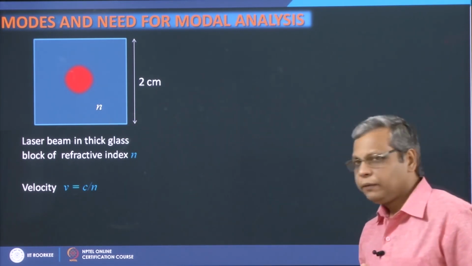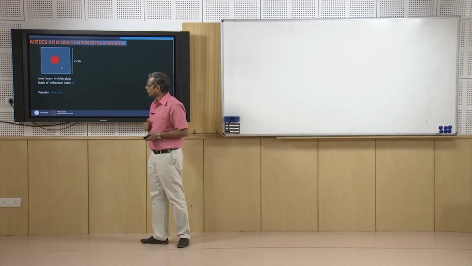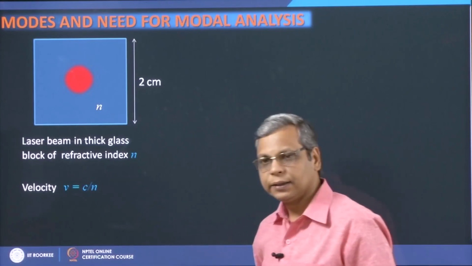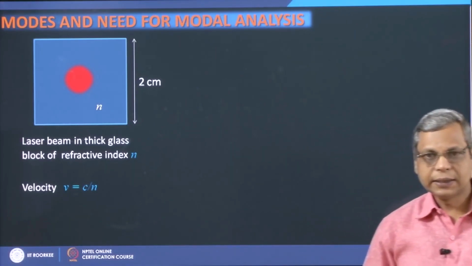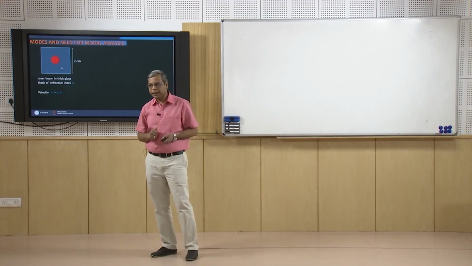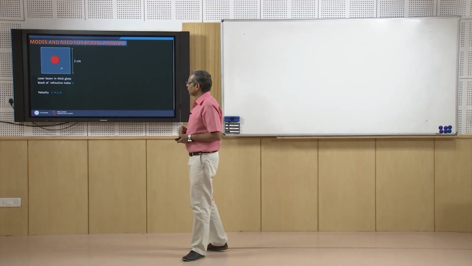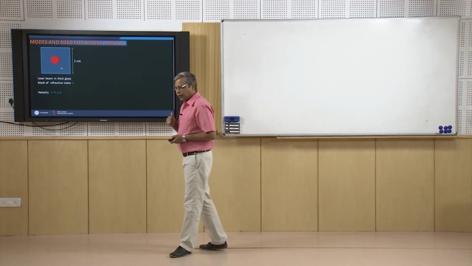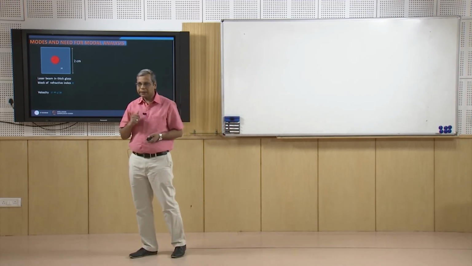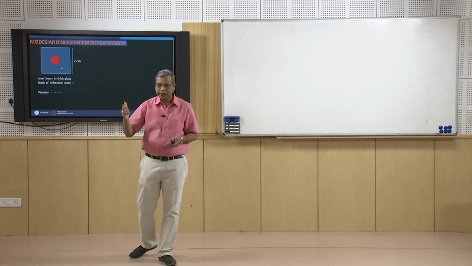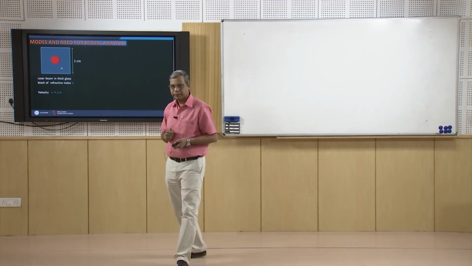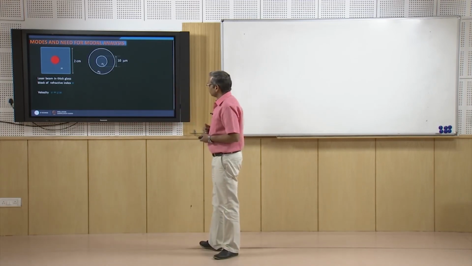Then I know the velocity of light in this block of glass of refractive index n can be given by c by n, where c is the velocity of light in free space. My question is, if I have a certain field pattern which is propagating in the fiber, what velocity would it have? So let us see that.